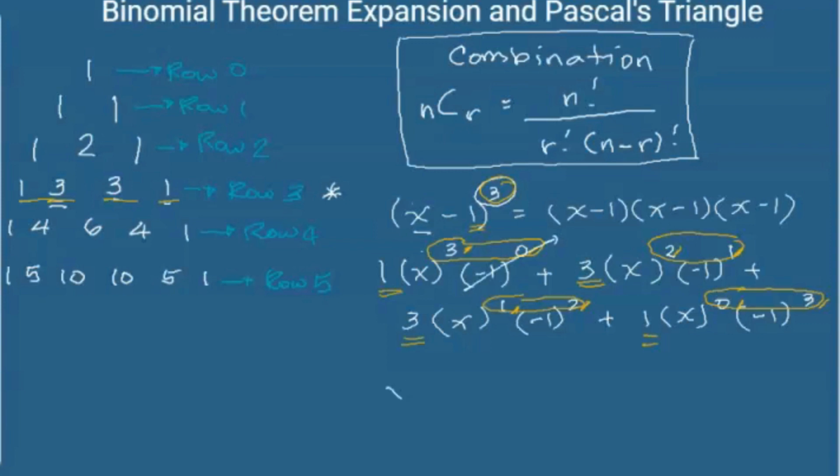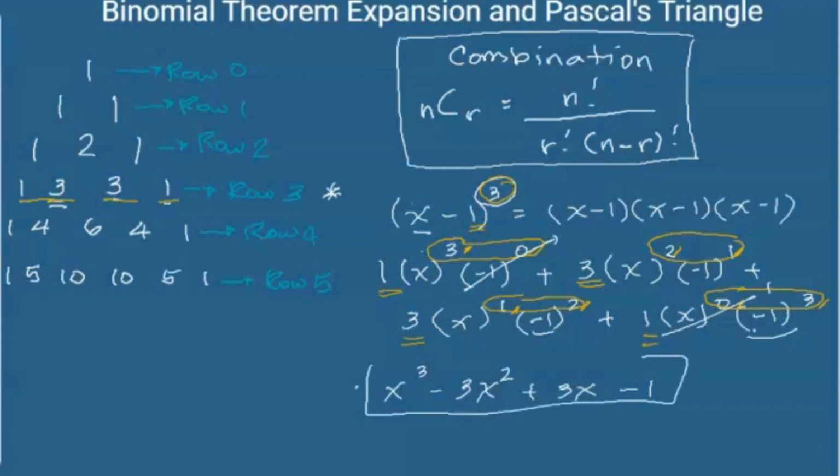So that is x cubed, plus negative 1 raised to 1 is negative 1 times x squared times 3, so that is minus 3x squared, plus negative 1 times negative 1 is positive 1 times 3x, plus 3x, and negative 1 cubed is negative 1. This x to the 0 is 1, so 1 times 1 times negative 1, so minus 1.